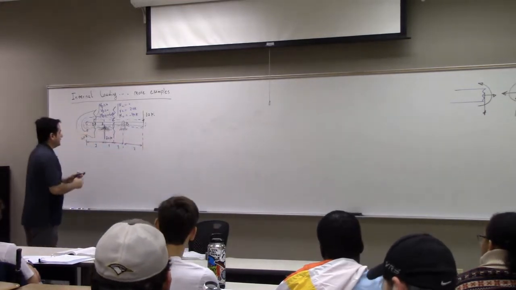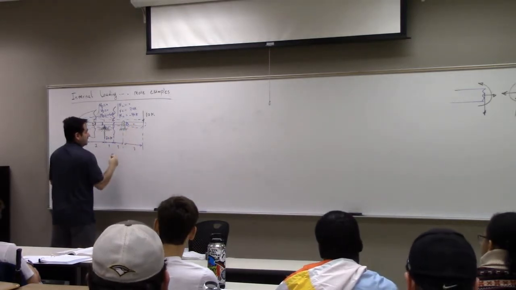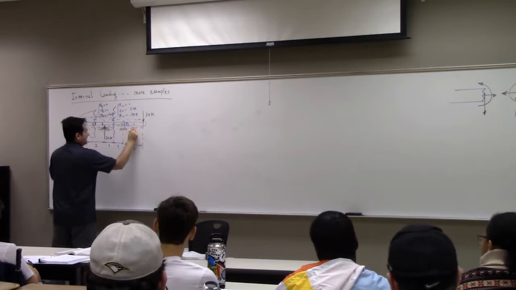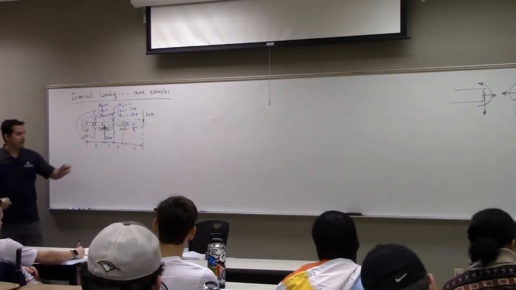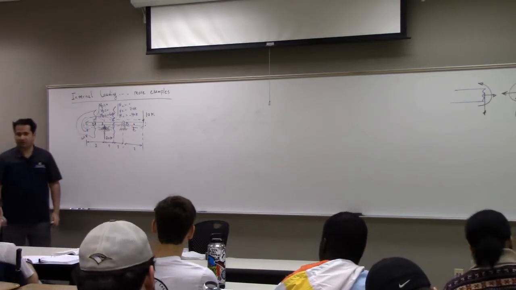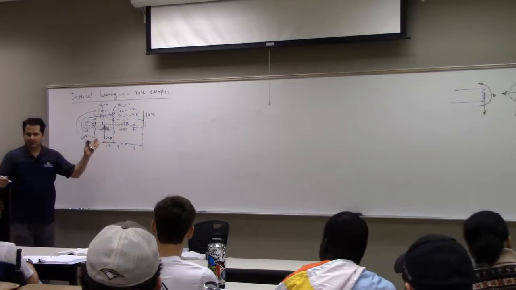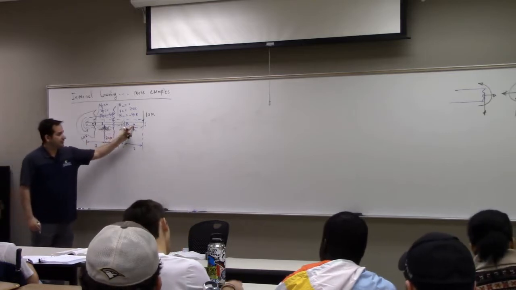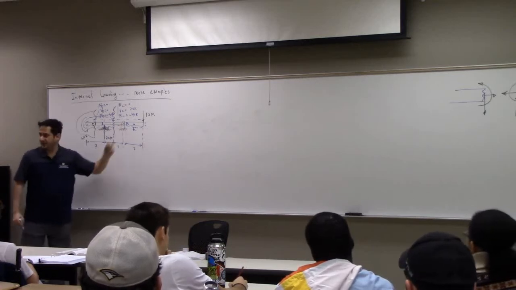Now let's go to another point here. A point, let's say a point E, and put it right here. So if I want to find internal loading at E, now this is a good question. I may give a question like this in the midterm or final exam. Just explain, if you want to find the internal loading at E, should I find the reaction at B?